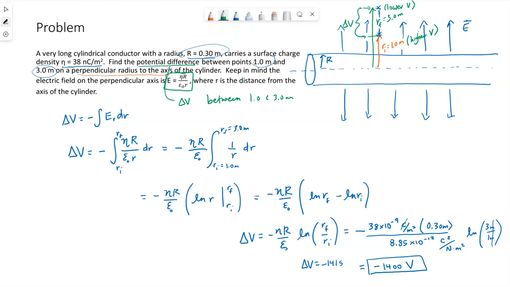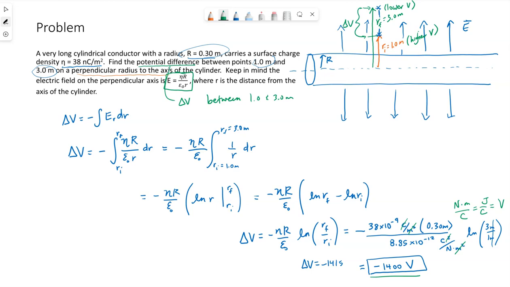So the coulomb in the numerator is canceling with one of them in the denominator. The meter squareds are canceling. So if I bring the Newton up top, I have newtons times meters per coulomb, and newtons times a meter is a joule, so joules per coulomb, which we've already talked about as being a volt. So I am getting volts, which is appropriate.